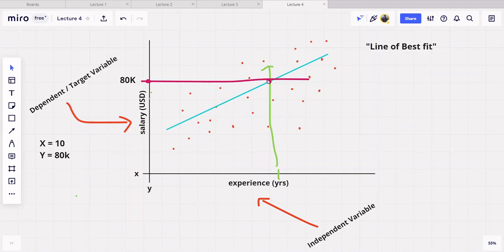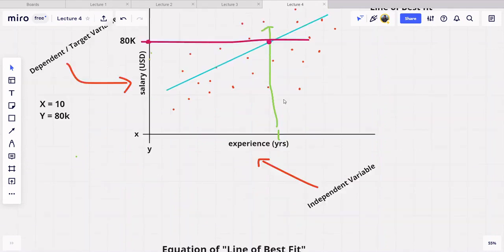So this is how we make predictions using linear regression. We create a vertical line that hits the line of best fit, and whatever y value is at that point of intersection is our prediction. It's not that hard, it's very easy.